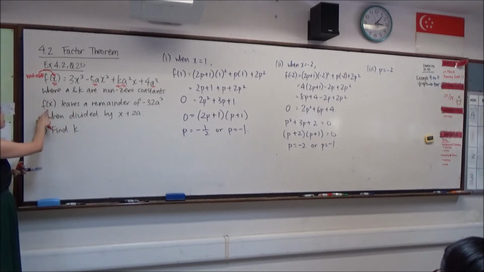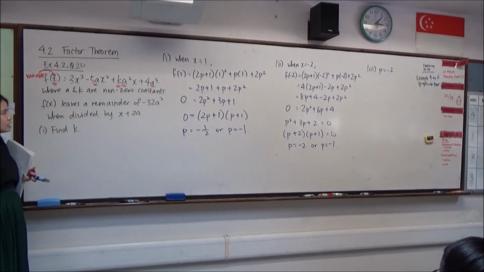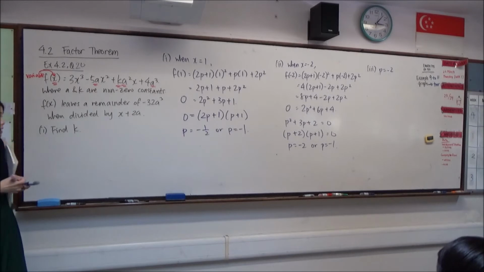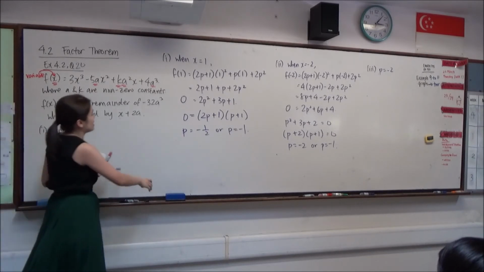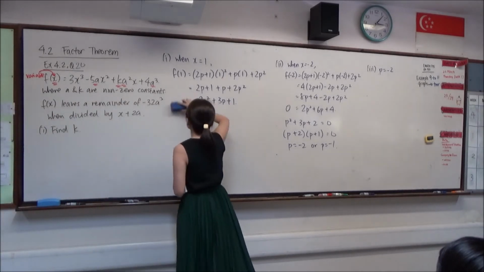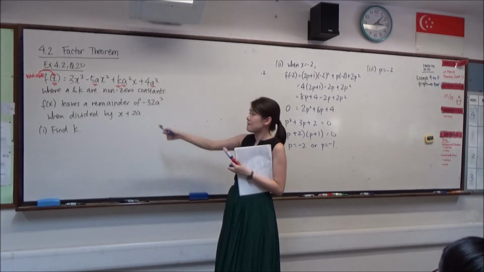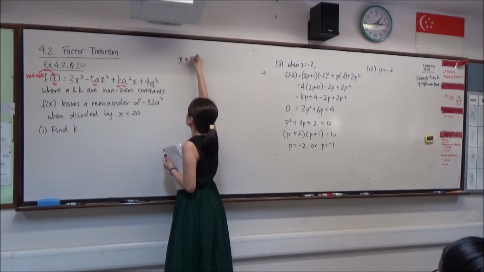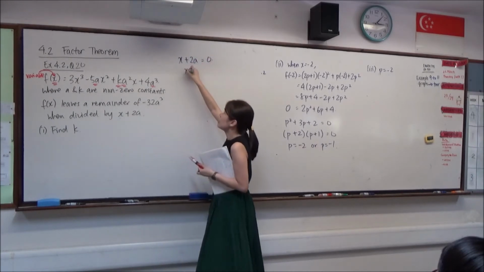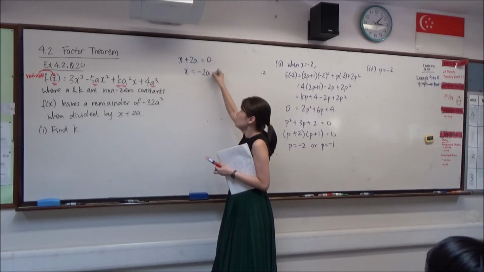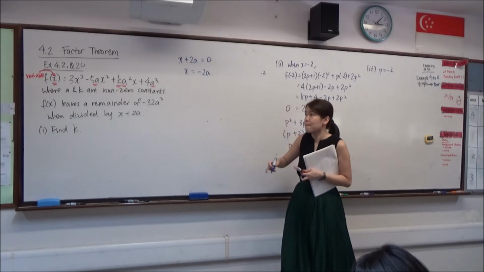So in this question, f(x) gives a remainder of negative 32a cubed when divided by x plus 2a, and we want to find out the value of k. Because we want to divide by x plus 2a, the choice of our x value will have to be negative 2a.